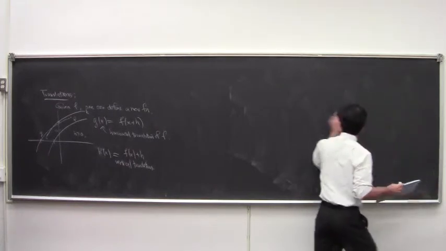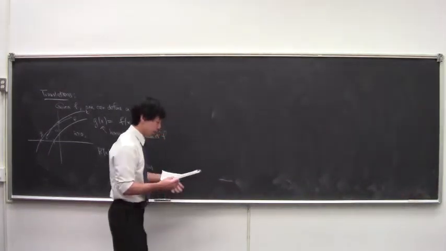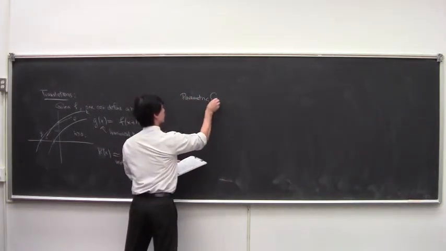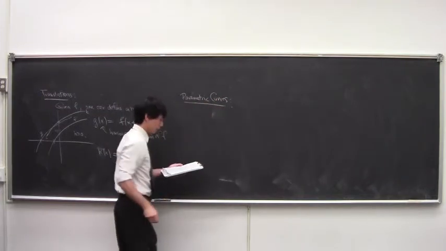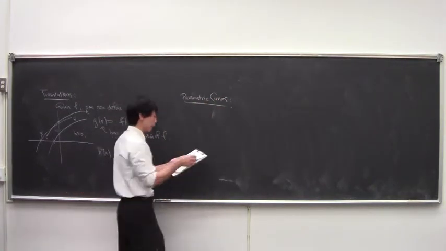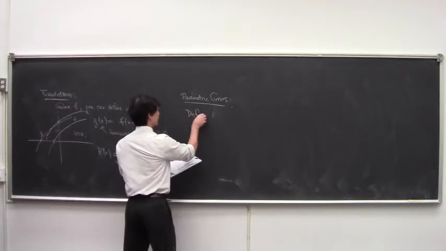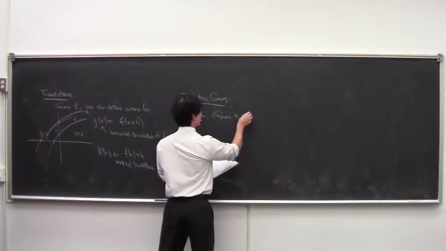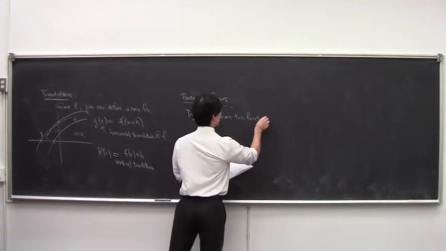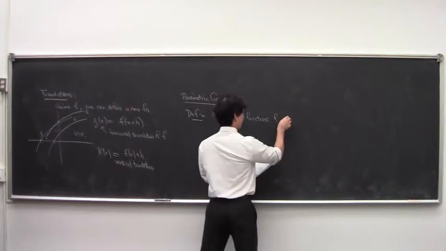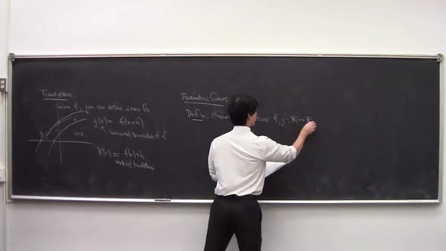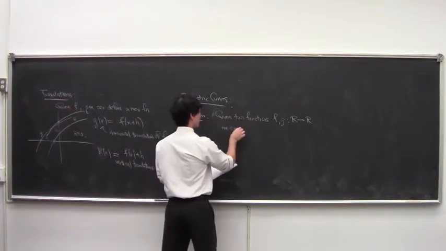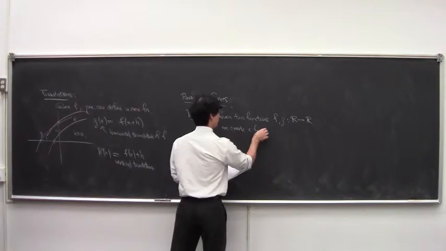Okay. Here is something that will be more important, something called parametric curves. So here's the definition. Given two functions f and g from R to R, we create a function gamma.